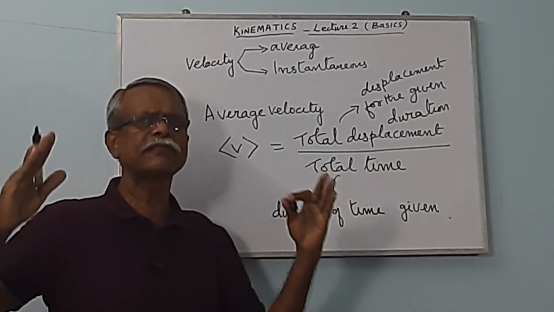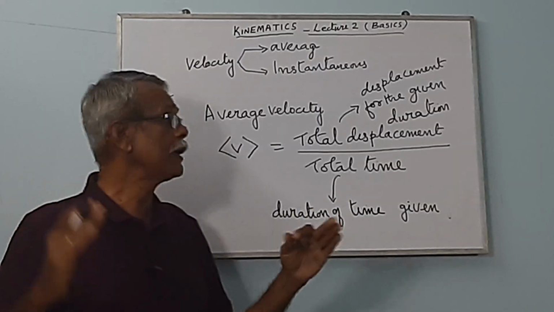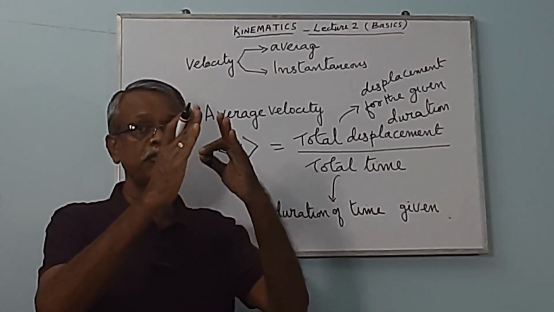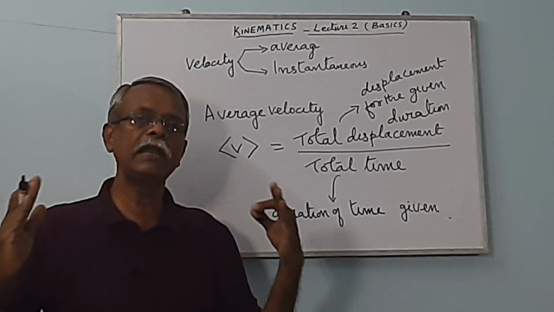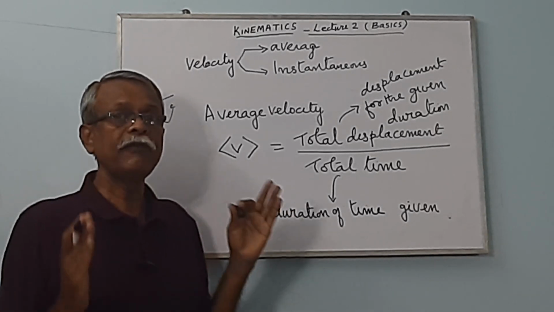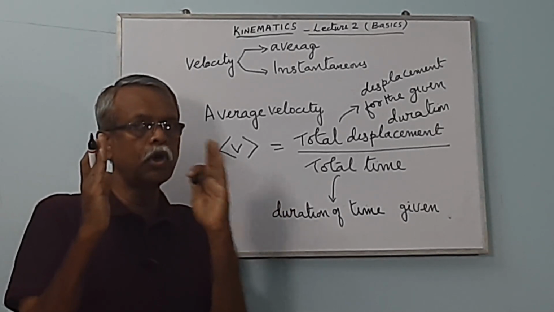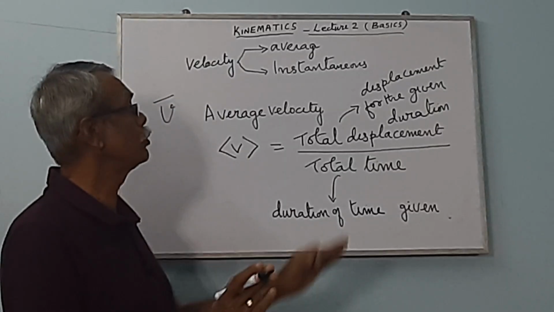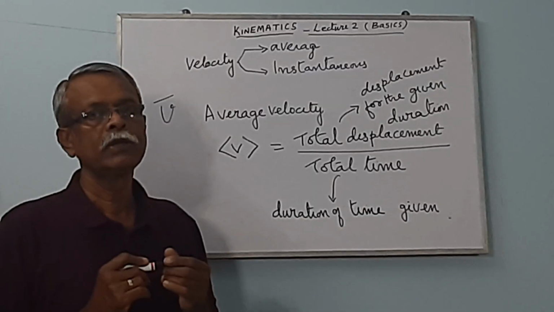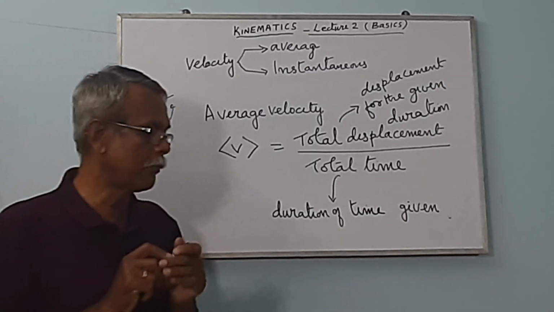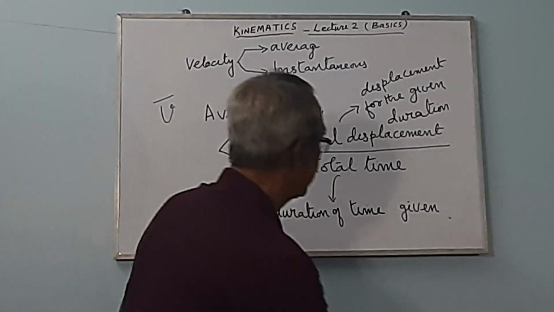If the entire motion is asked, then you have to take the total displacement, that is the displacement for the entire motion, and divide by the entire duration. But if it is asked for a small interval of time, then you have to use the displacement corresponding to that time. That is a very important point you have to remember when you calculate average velocity.